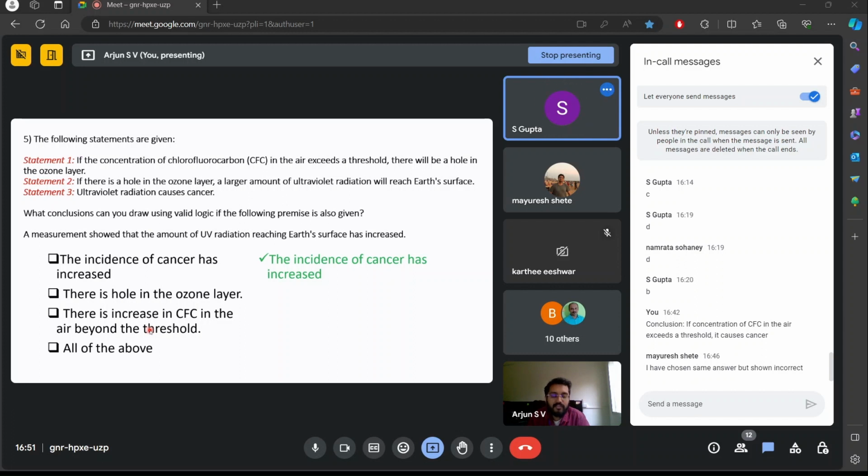Which question are you talking about? Not B or C. So if I am applying the resolution principle, not A or C, so A implies C. A implies C means there is a hole in the ozone layer implies cancer.